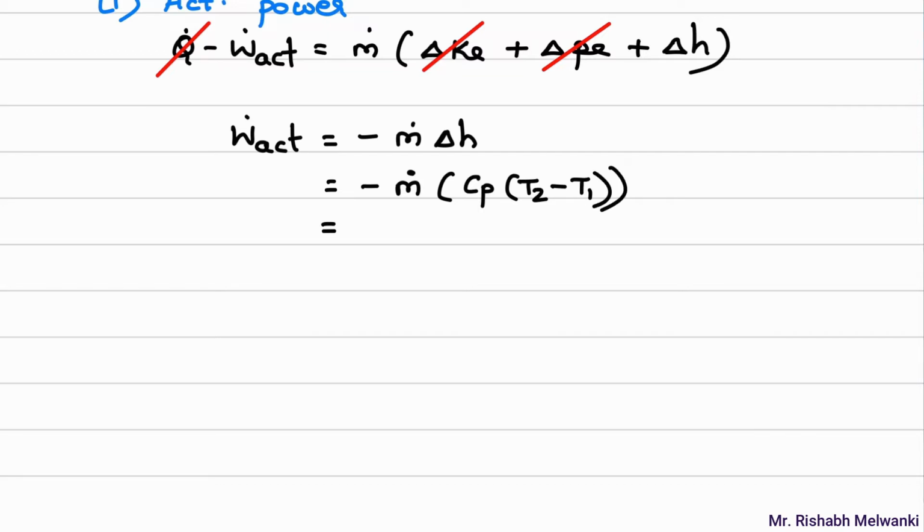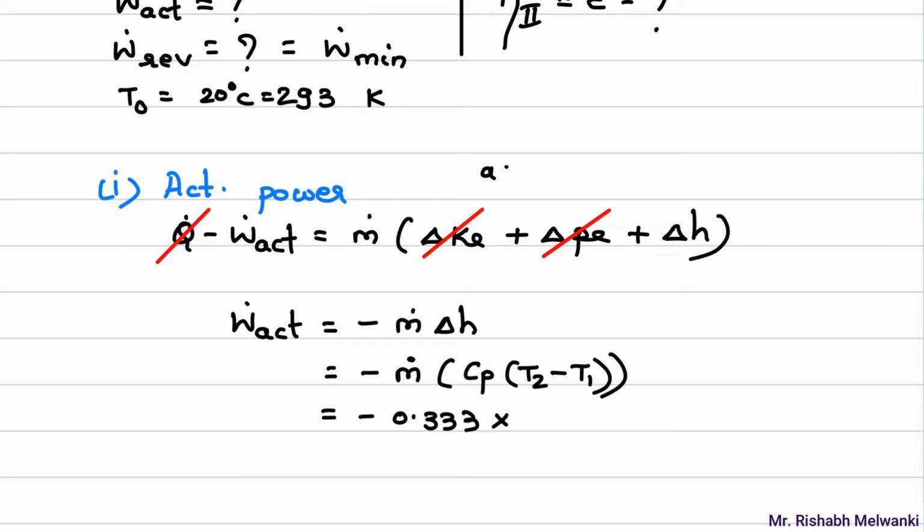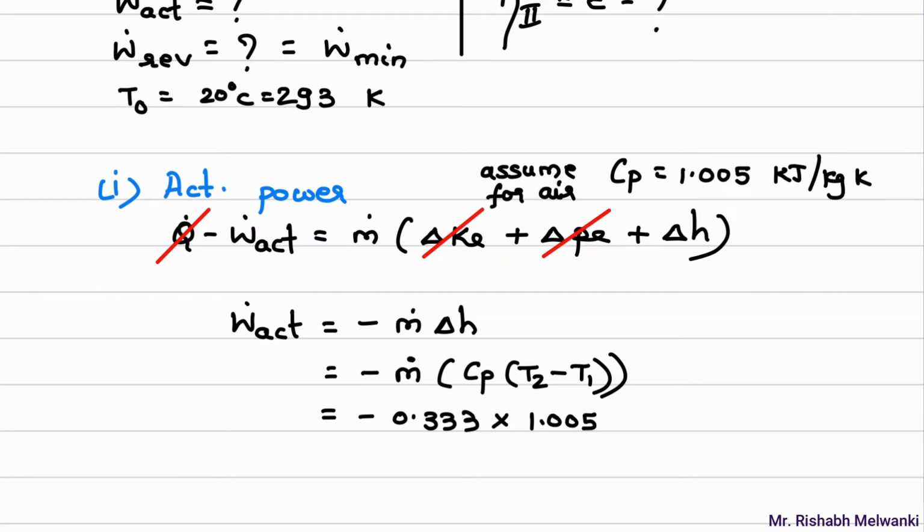What is the m dot value? We have calculated it as 0.333 kg per second, multiplied by Cp. For Cp of air we have to assume a value. In the exam you have to write this, assume for air Cp is equal to 1.005 kilojoule per kg Kelvin.